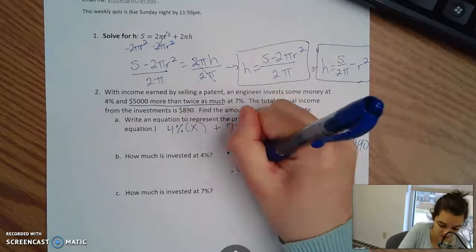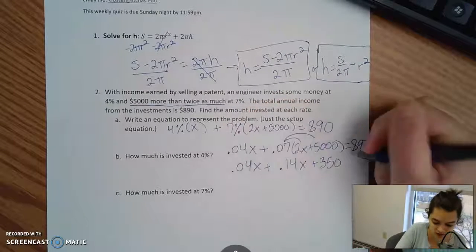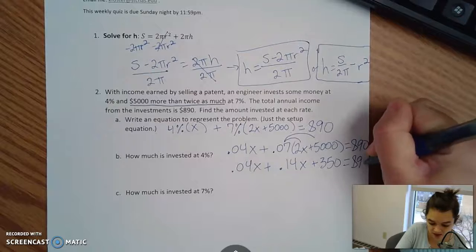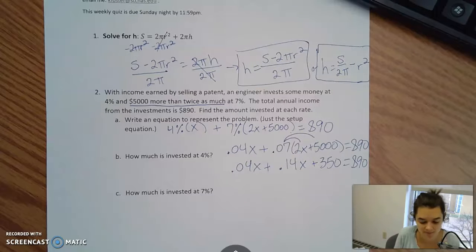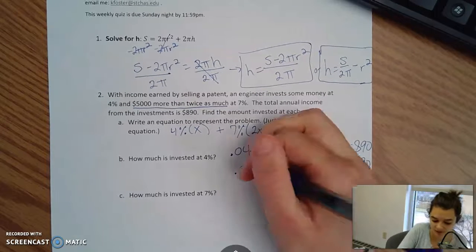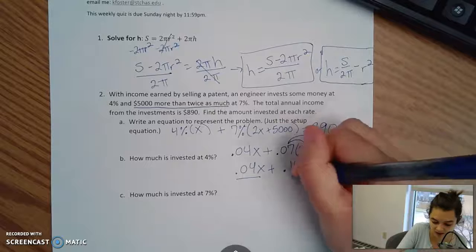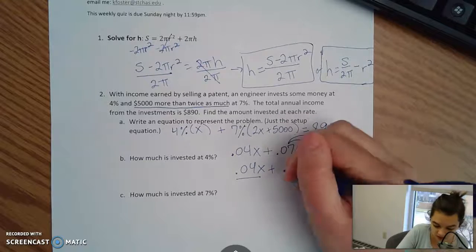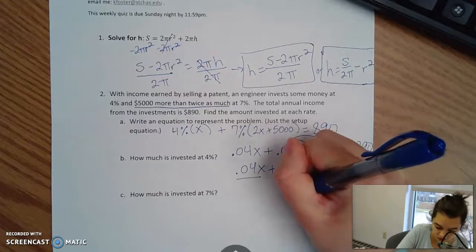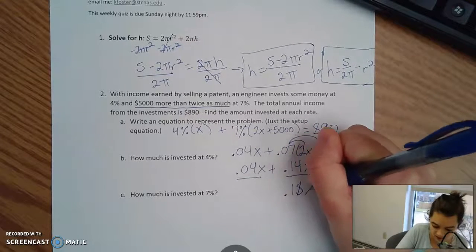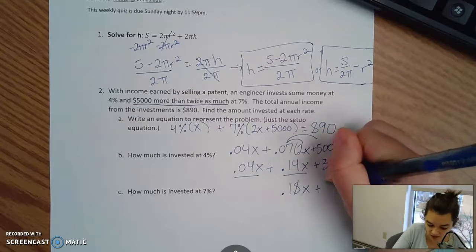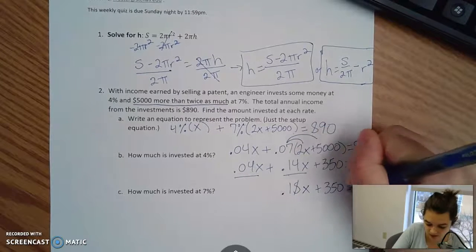I've got a 0.04x added to it, and it equals 890. Okay. Next up, I can combine like terms. 0.04x plus 0.14x would be 0.18x plus 350 equals 890.